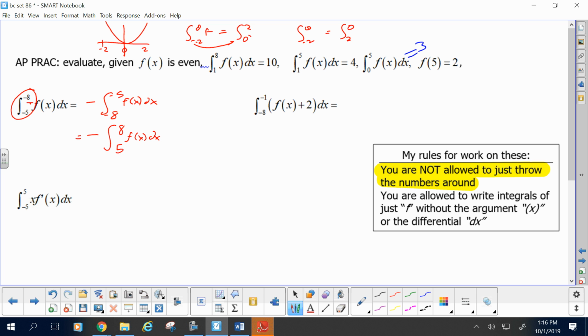Alright? Now in terms of over here, you'll notice that if you're just throwing around 10s and 4s, that won't do for me, especially on a test. Okay, you must communicate integral work. I don't care if you cut a little corner with the argument. If you just wrote f here and no differential, okay, I'll throw you a bone and call that good. But at least you have to have integral arguments for this to hold water with me. All right, so how do you find 8 to 5?